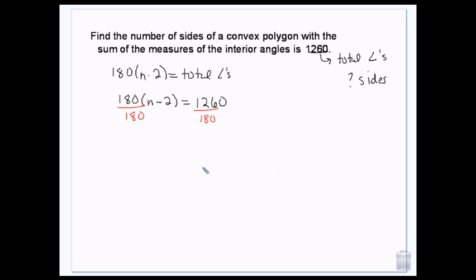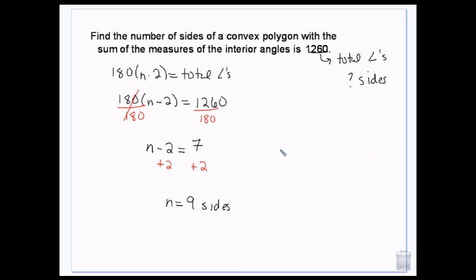We don't have to do that because we know it's going to divide by 180 because it's been multiplied by 180. So we're going to do dividing by 180 first. So you get n minus 2 is going to be equal to 7. Add 2 to both sides. And you get that this is a 9-sided figure.